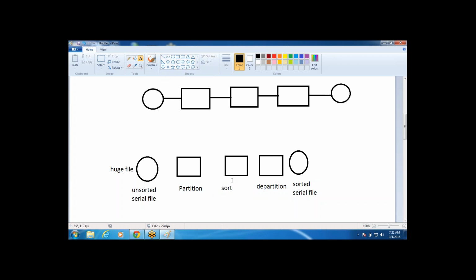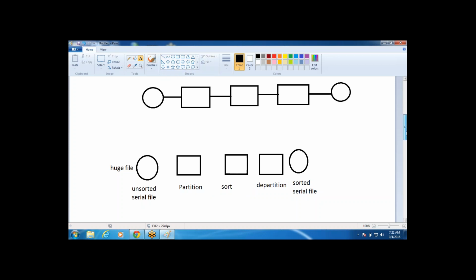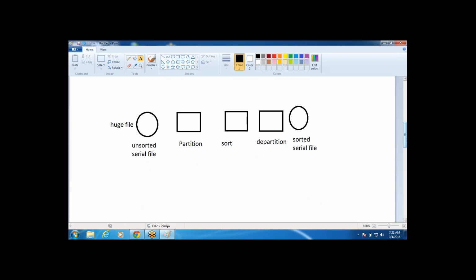So how does the data parallelism occur? Let's say I'm running it in a two-way MFS file system.